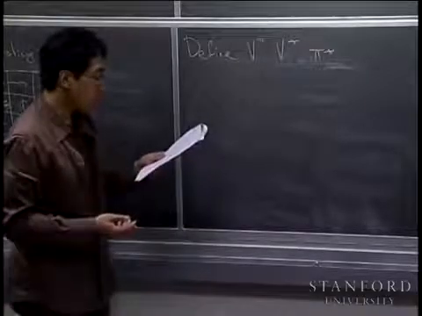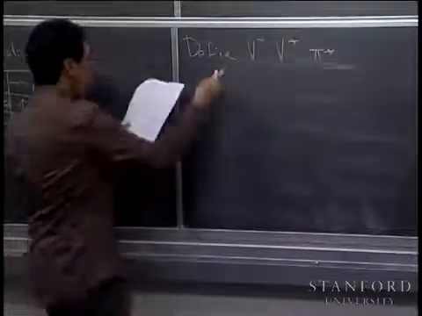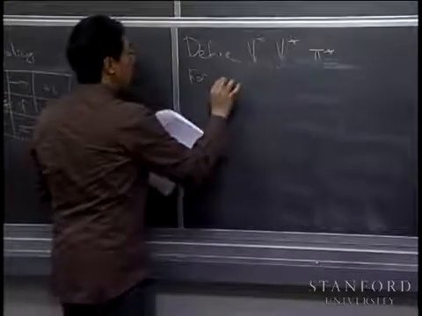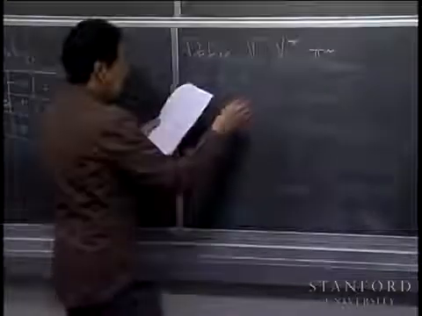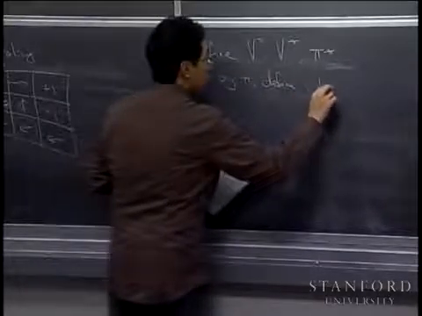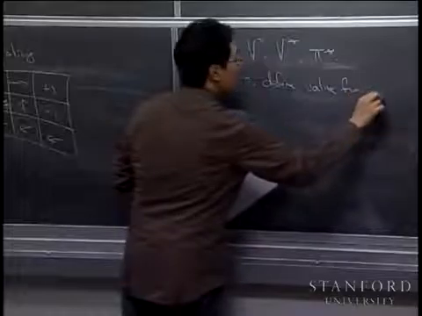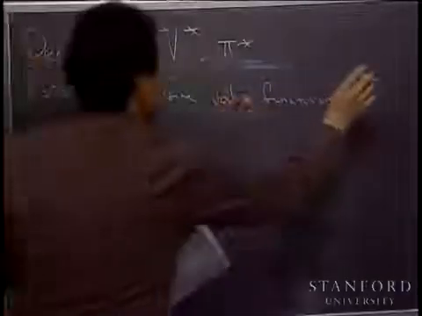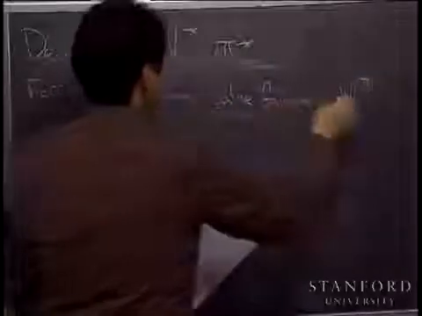So the first thing I want to define is V pi. For any given policy pi, I'm going to define the value function V pi, and sometimes I call this the value function for pi.